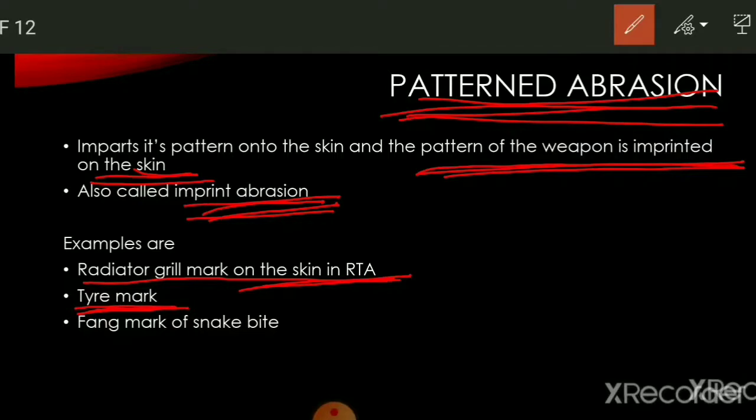The fang mark of snake bite is also an example of patterned abrasion. So the radiator grill mark, the tire mark and the fang mark of snake bite are the examples. Basically the pattern of the weapon is imprinted on the skin.